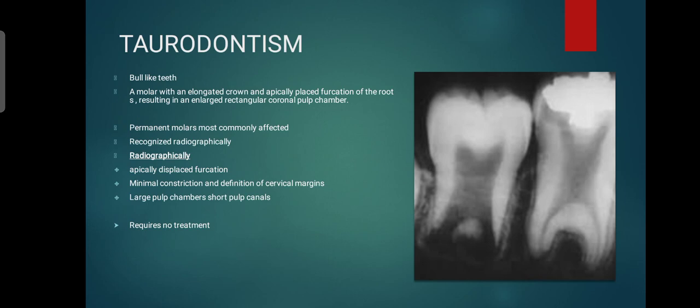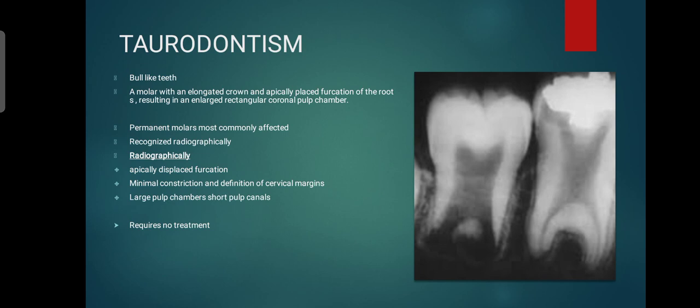The next topic is taurodontism. Taurodontism is also known as bull-like teeth. It is usually a molar with an elongated crown and apically placed furcation of the roots, resulting in an enlarged rectangular coronal pulpal chamber. It is a developmental disturbance that primarily affects molars, although premolars are also occasionally affected. Both the permanent and deciduous teeth may be affected, although involvement of the permanent teeth appears to be more common.